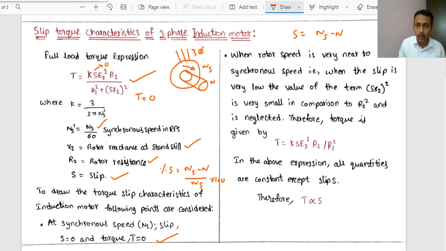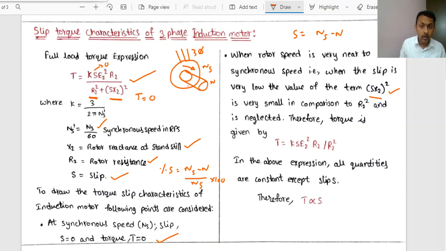Once the value of S is low, S X2 whole square will be very low. Already the value of S is low, so its square value will be very low. So obviously S X2 whole square will be very low compared to R2 square. This S X2 whole square value will be very less, then we can neglect that.